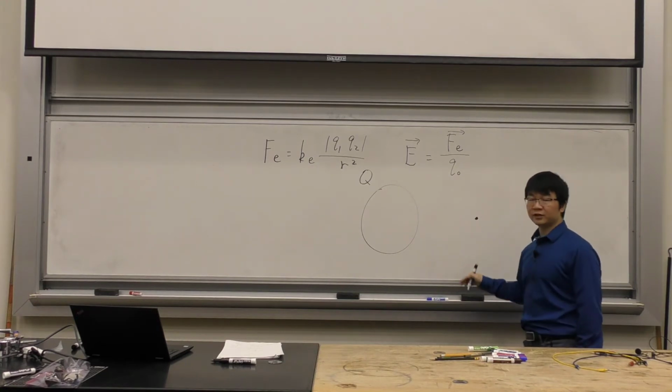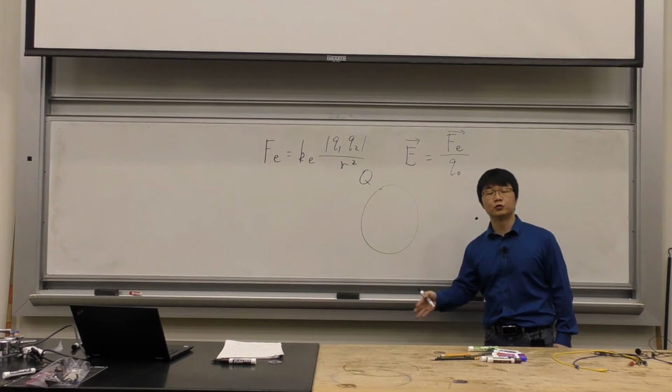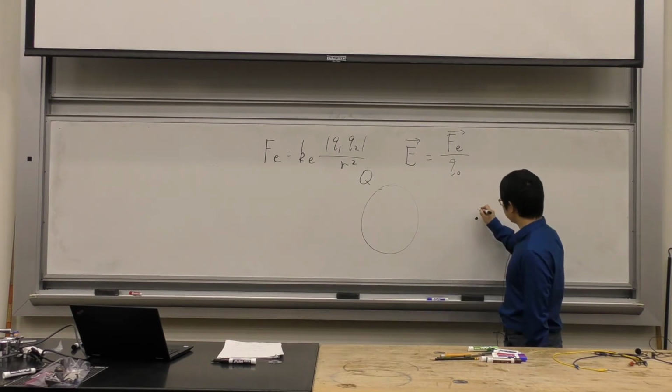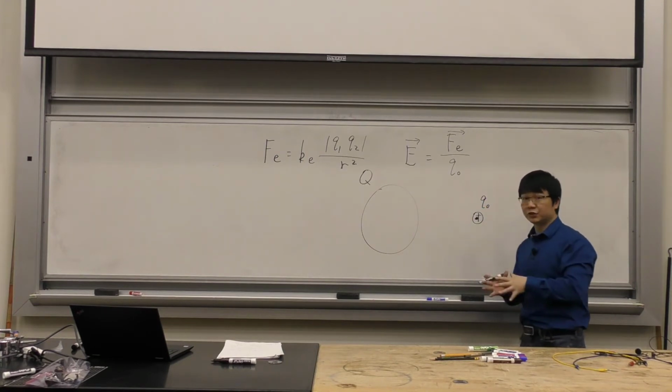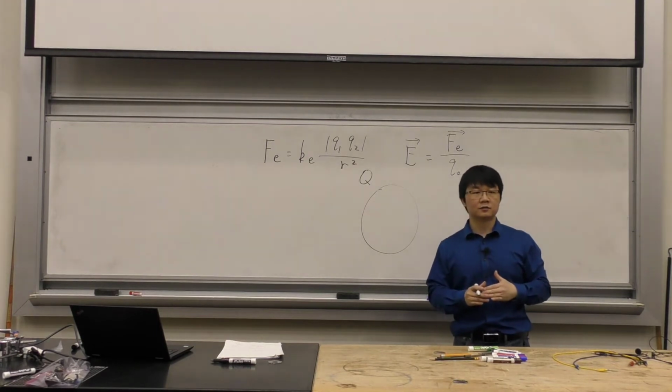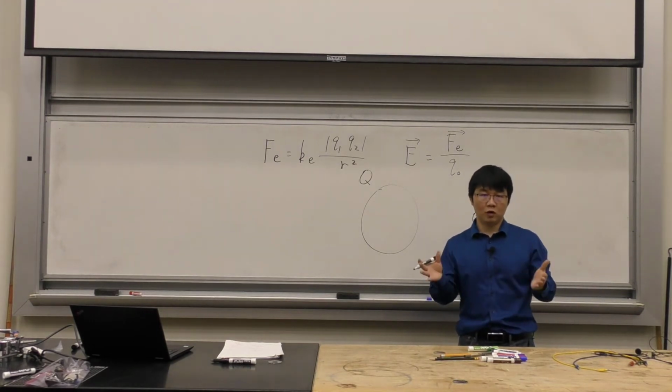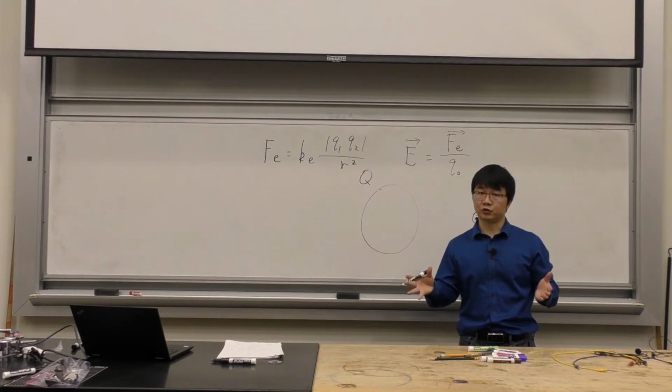I would bring a test charge to help me do that. I would bring a very small charge, like positive Q0. If there's an electric field in this region, Q0 is definitely going to feel a force. Q0 doesn't even know what created this electric field, and he doesn't need to know that.